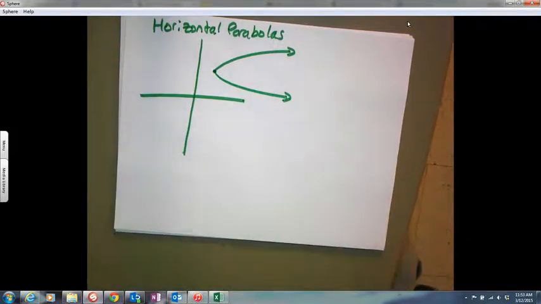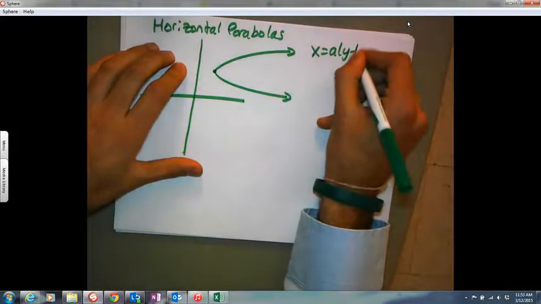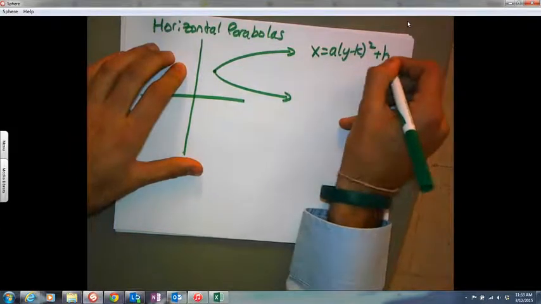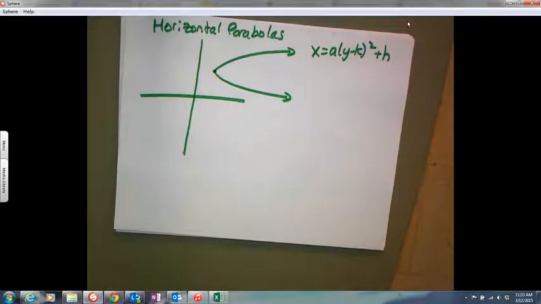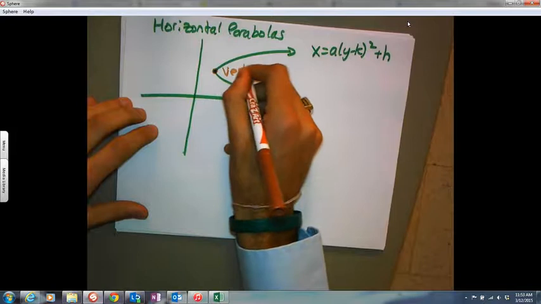So horizontal parabola here. And horizontal parabolas have the equation x equals a(y minus k) squared plus h. Again, we have the vertex here, (h, k).